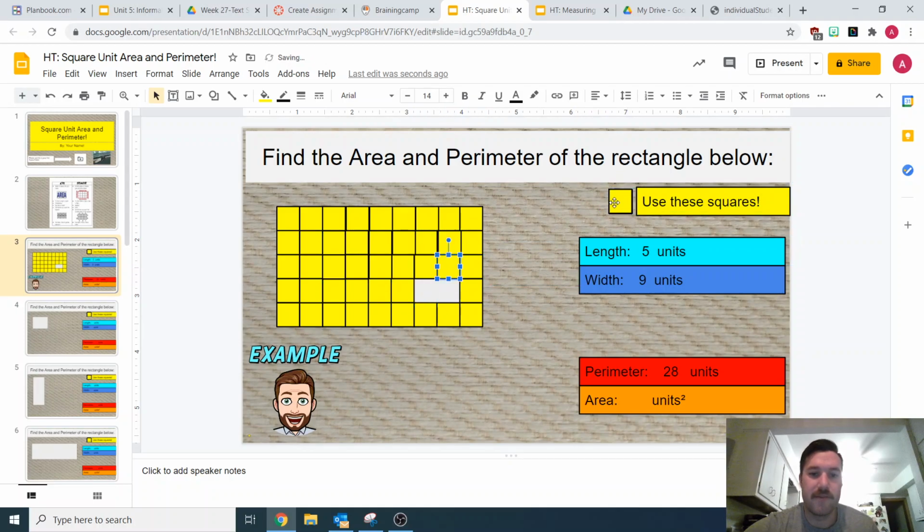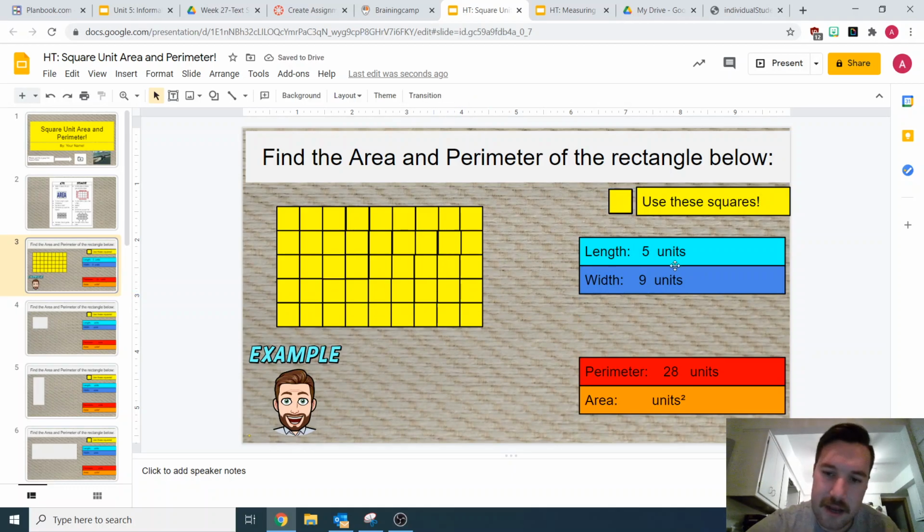So I have to ask myself, what is my length and what is my width? My length here is from the top to the bottom: 1, 2, 3, 4, 5. My length is 5. So I could multiply my length times my width, which is 9. 9 times 5 would give me 45 units squared.